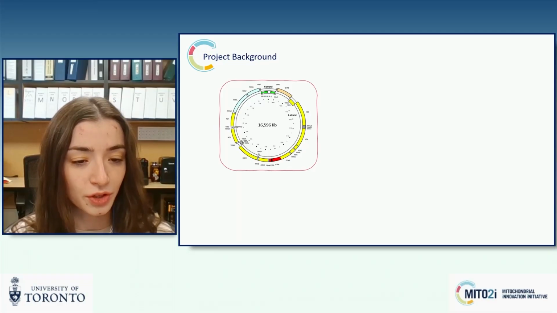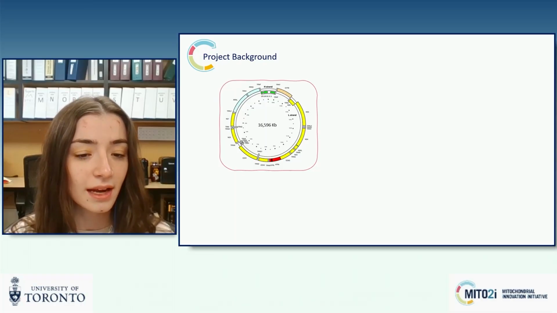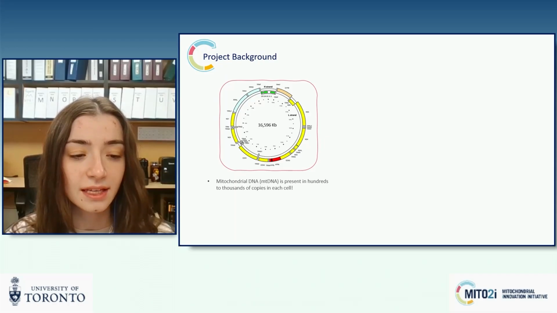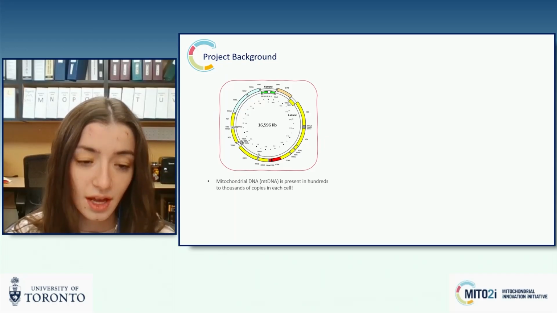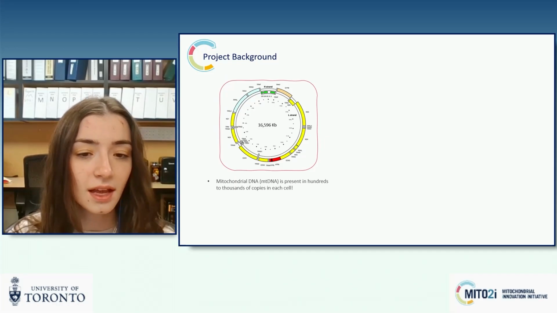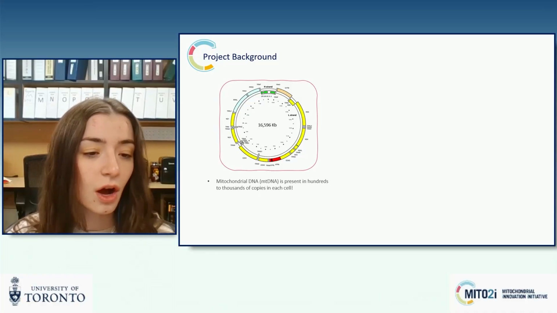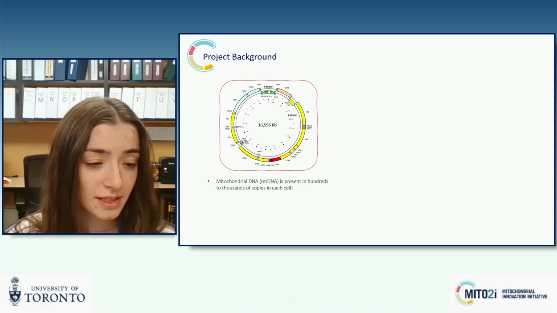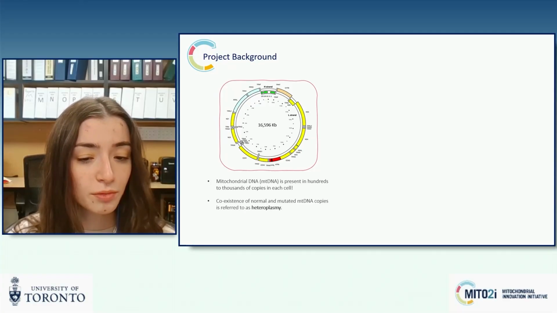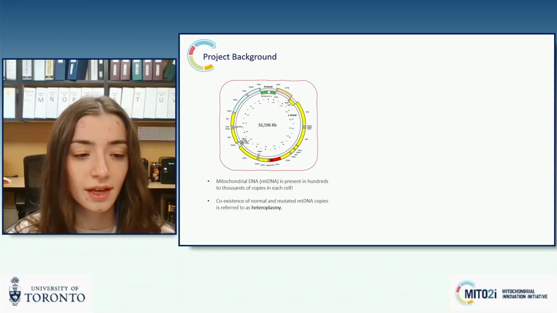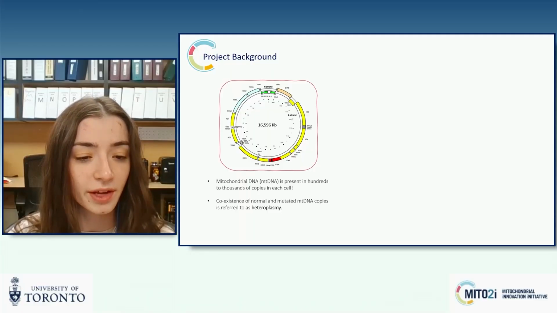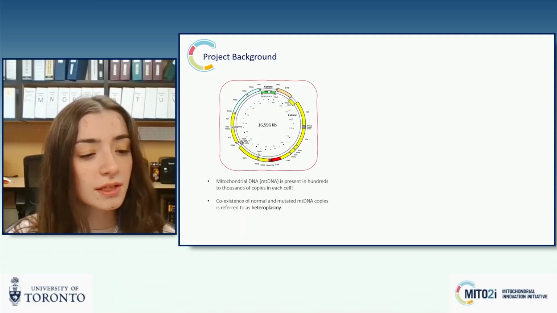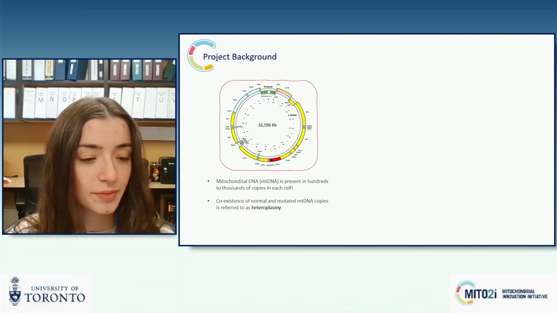Mitochondrial DNA is circular and composed of an inner and outer strand, and unlike nuclear DNA, multiple copies of mitochondrial DNA exist within each mitochondria, so a single cell can contain hundreds to thousands of mitochondrial DNA copies. This also means, however, that both normal and mutated mitochondrial DNA copies can coexist in varying proportions, which is a concept referred to as heteroplasmy.